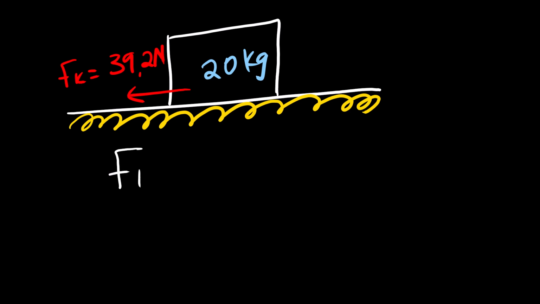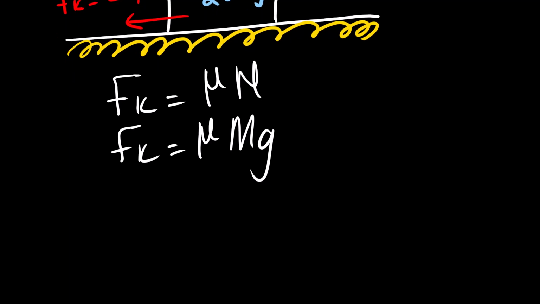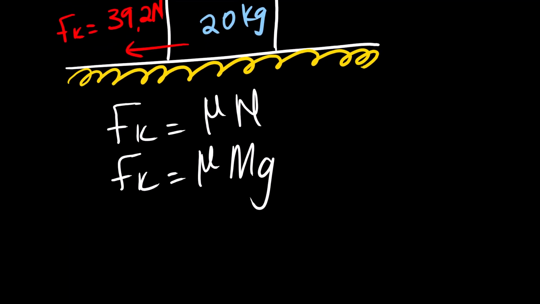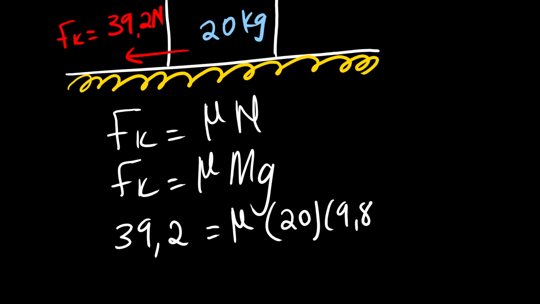Now the equation is Fk is equal to coefficient multiplied by normal force, and expanding this further, we have mass and gravity. Then we can see that our Fk, 39.2, is equal to coefficient, the mass we have 29.8.